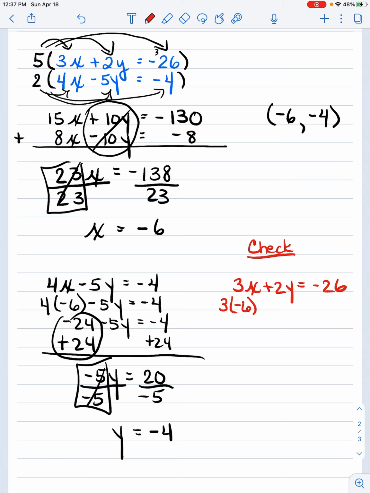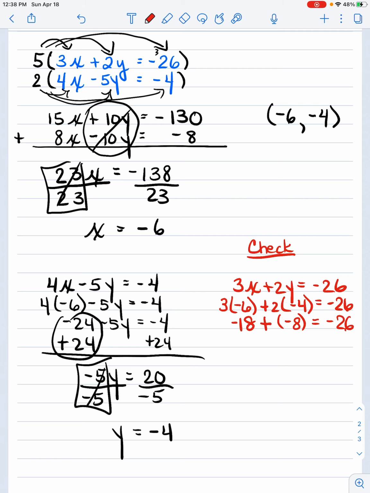I'm substituting in the values that I found, plus 2 times the y, which is negative 4, should equal negative 26, if I'm correct. Well, 3 times negative 6 is negative 18, plus 2 times negative 4 is negative 8, and that should be negative 26.